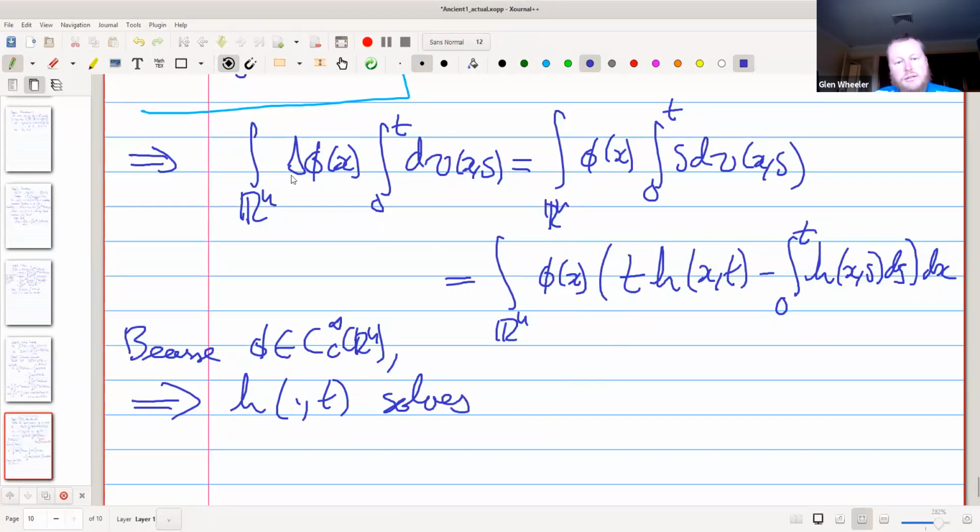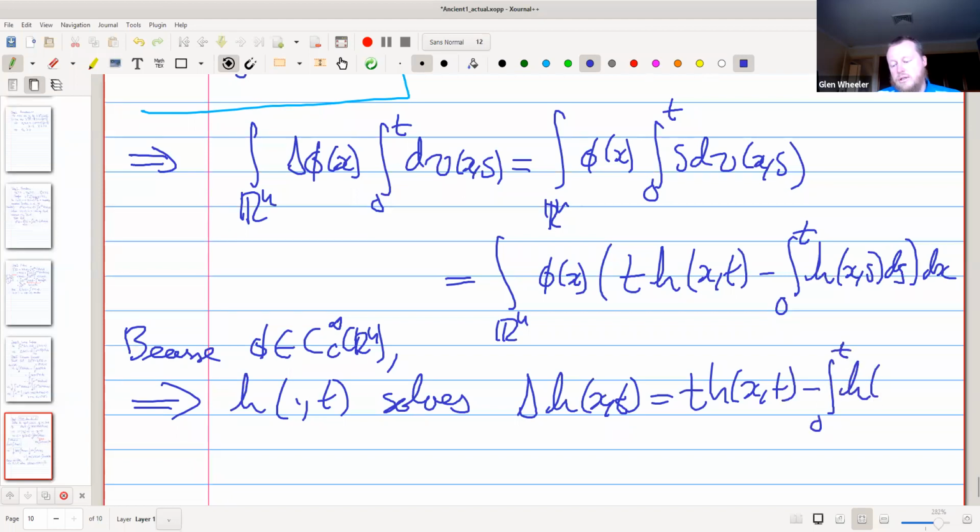Now, what's it going to be? Because this is h here on the left, we're going to have Laplace h, x and t, and on the right, you're going to have t, h, x and t, and then this integral minus integral 0 to t, h, x and s, ds, like that.